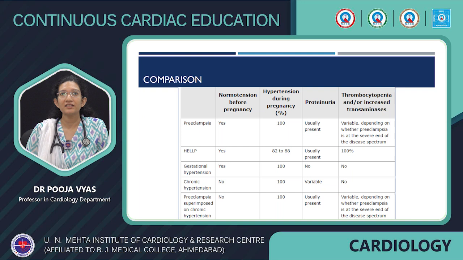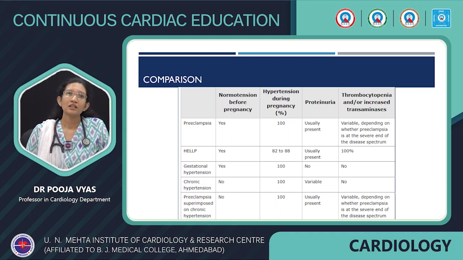In chronic hypertension, the patient will not be normotensive before pregnancy. The patient will be hypertensive before pregnancy, and will have hypertension during pregnancy as well. The incidence of proteinuria is variable, and there will be no thrombocytopenia or increased transaminases in chronic hypertension.